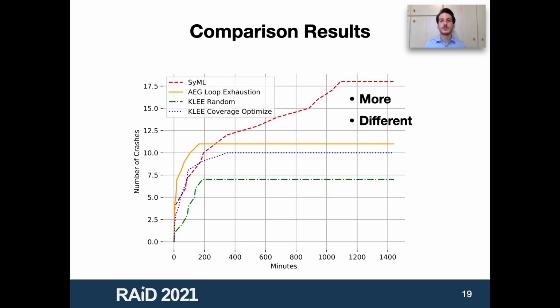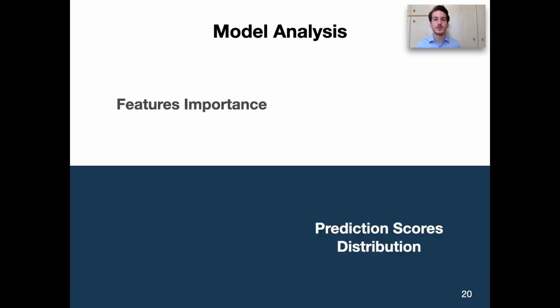It is interesting to note how SyML finds more vulnerabilities than any other approach, as well as some vulnerabilities that are not found by any other approach. We then analyze the feature importance measures for our classifiers and the distribution of the prediction scores during the exploration.